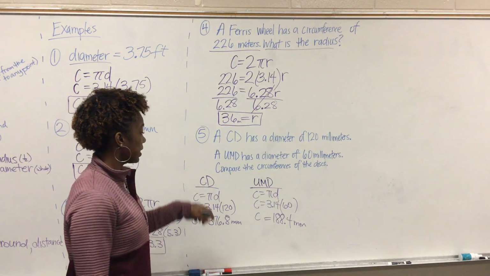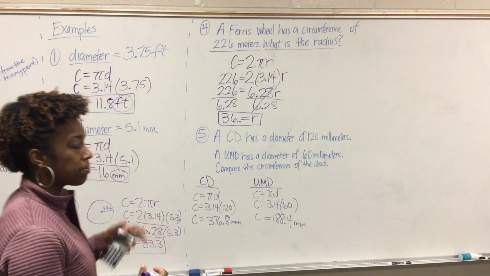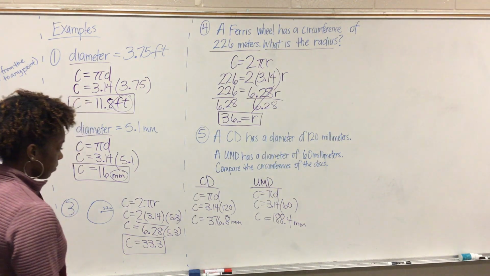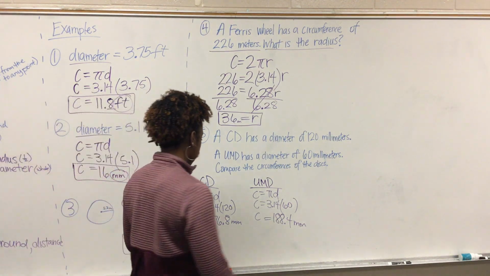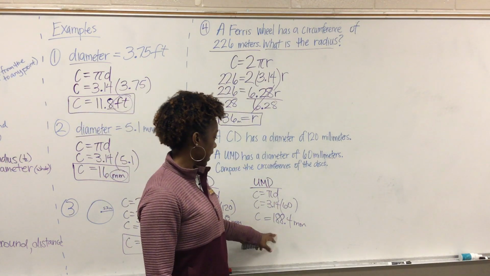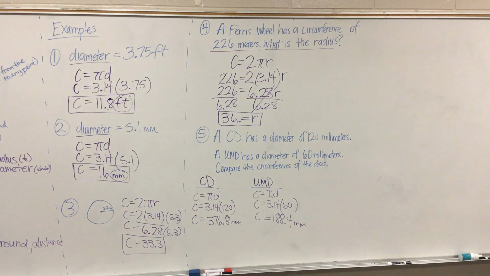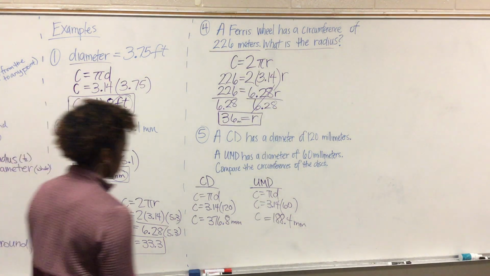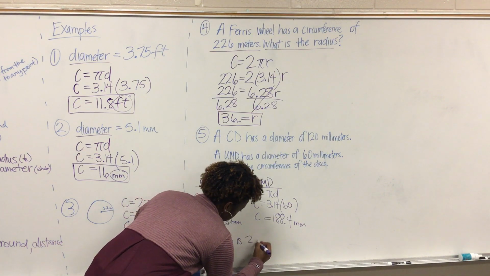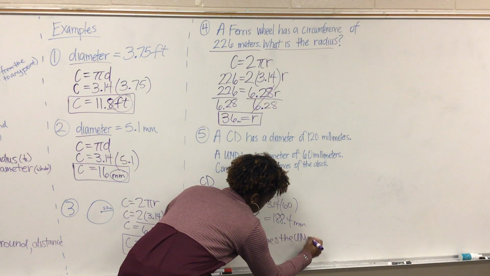When we look at the CD, we know that it is larger than the UMD, but how much larger is the CD? If I look at it, I see that the CD is twice as big as the UMD. So I can just say that the CD is 2 times the UMD.